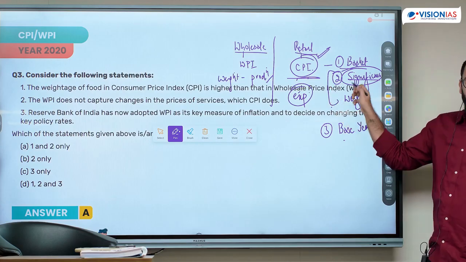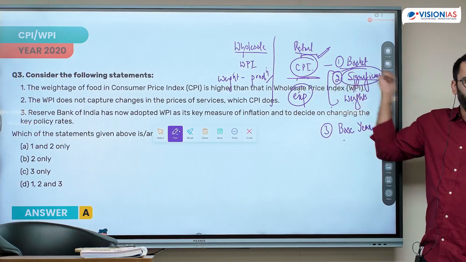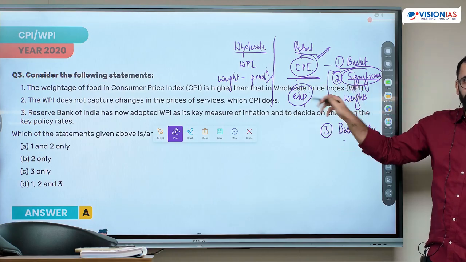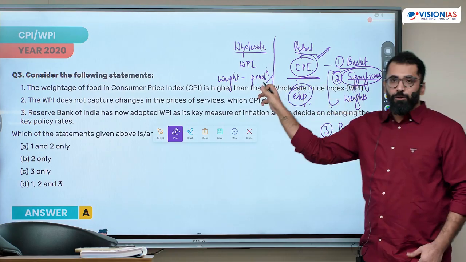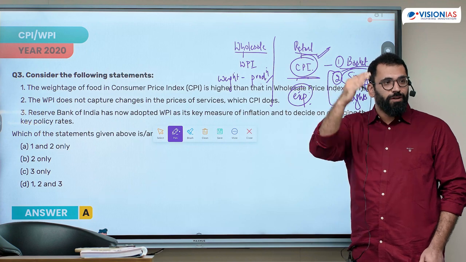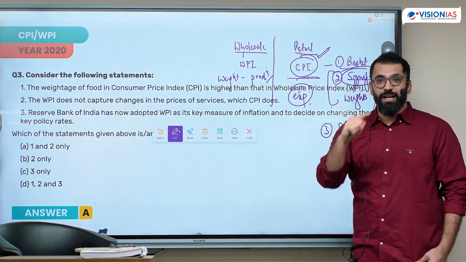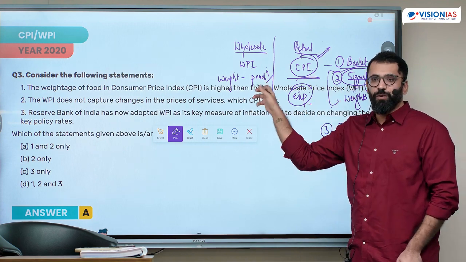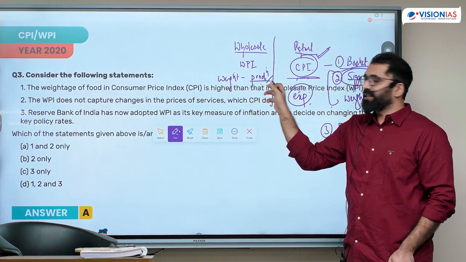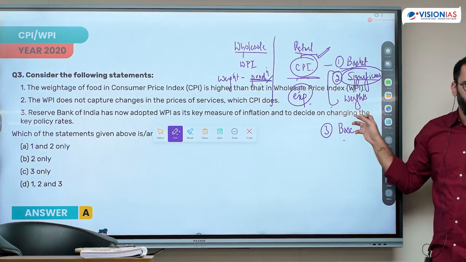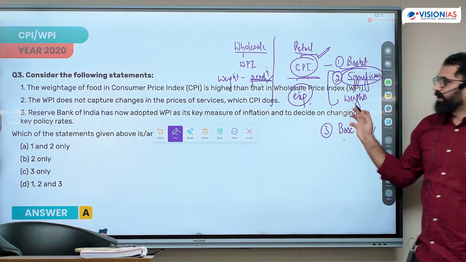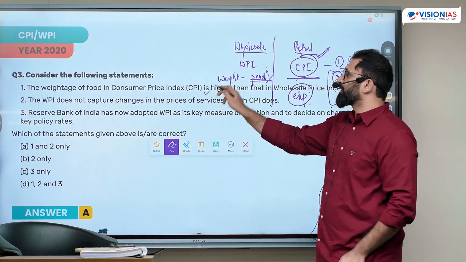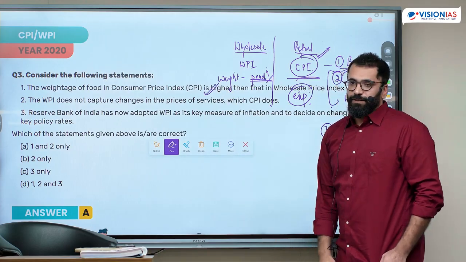If you know on what basis the weight is assigned, you would know that the consumer basket gives more weightage to food because their expenditure is more. But if I count the total production of the economy, the weight of food will become very low, because there are other goods being produced which will have more weight. So here the weight is assigned on production, and there the weight is assigned on expenditure being made. So this statement that the weightage of food is higher in CPI than in WPI is correct.